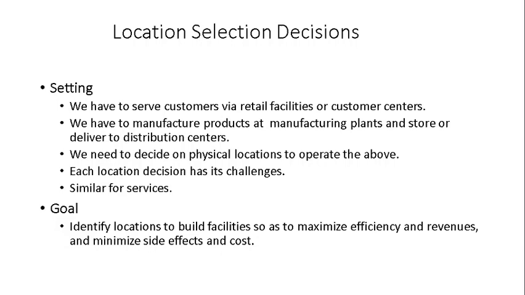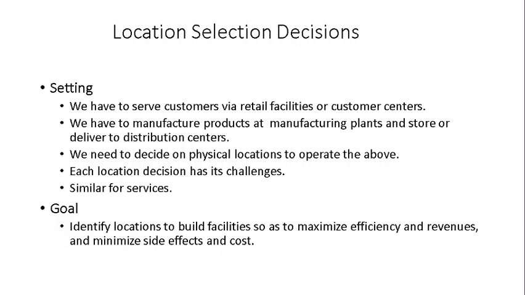So we need to decide on physical locations and how to build an optimal network of facilities. Location decisions have their own challenges, and it's not very easy to find the optimum sometimes. The same applies whether we have services or tangible products.